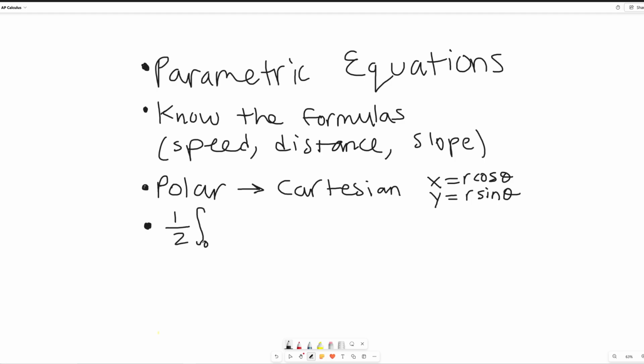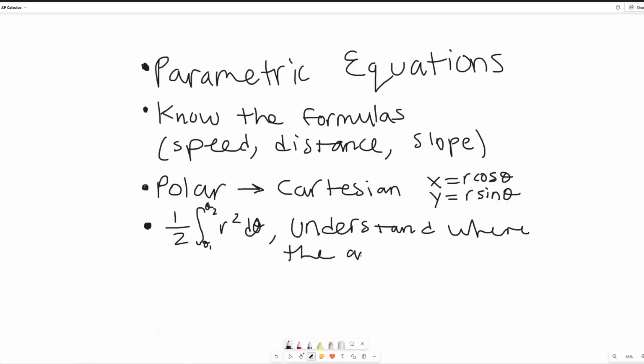I mean, 100% you need to know this formula for polar area. And then understand where the area comes from, which is the origin. So you must understand that the area is coming from the origin out towards the radius of the function.